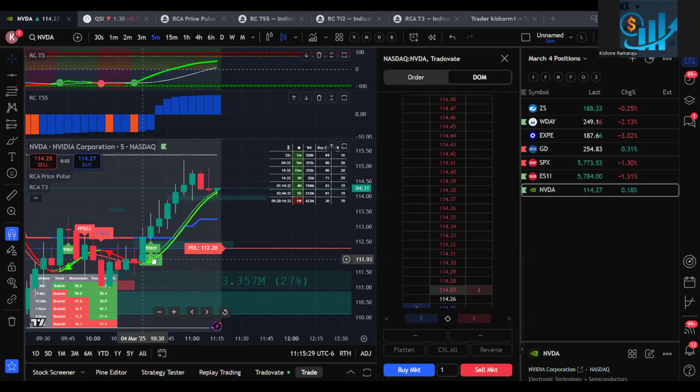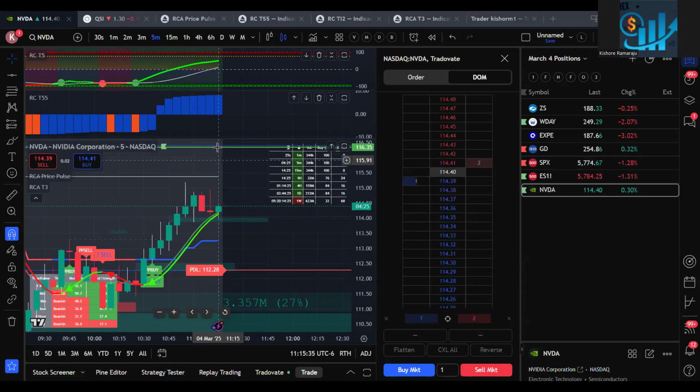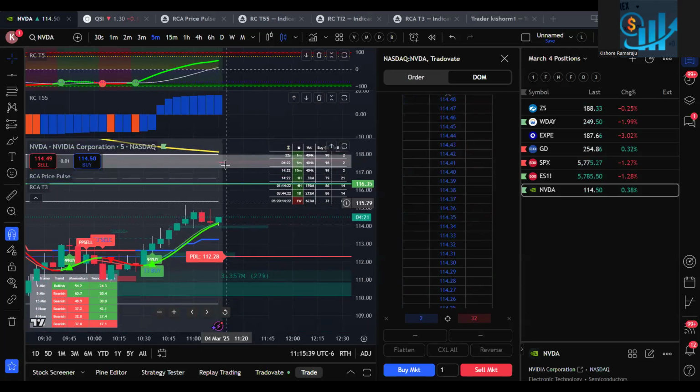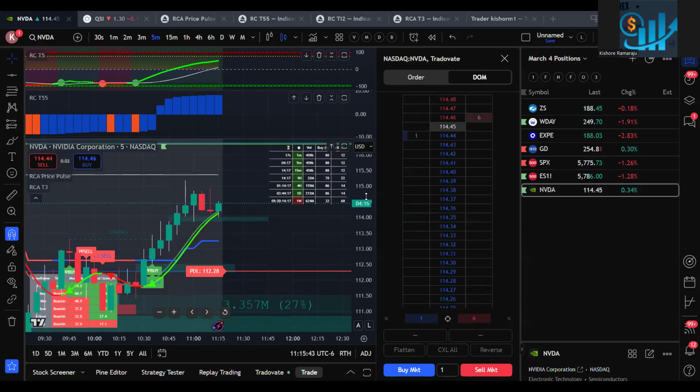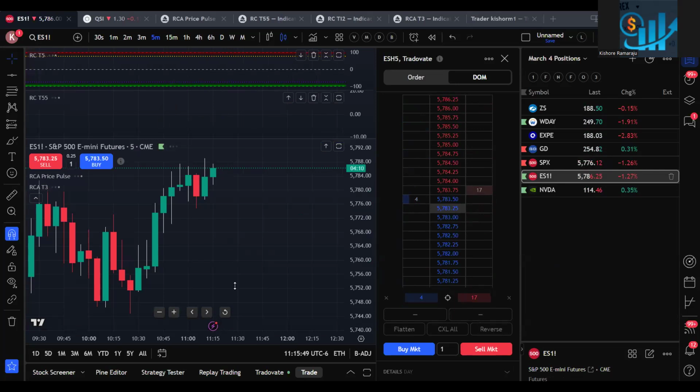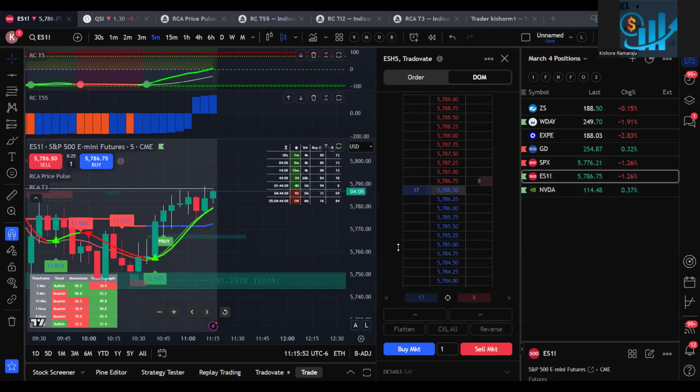The PP buy, T3 buy, it went all the way from 112 to $115. It is still trying to go up further. It can go all the way to 116, $117. But because we already have multiple options, let us take some more futures.